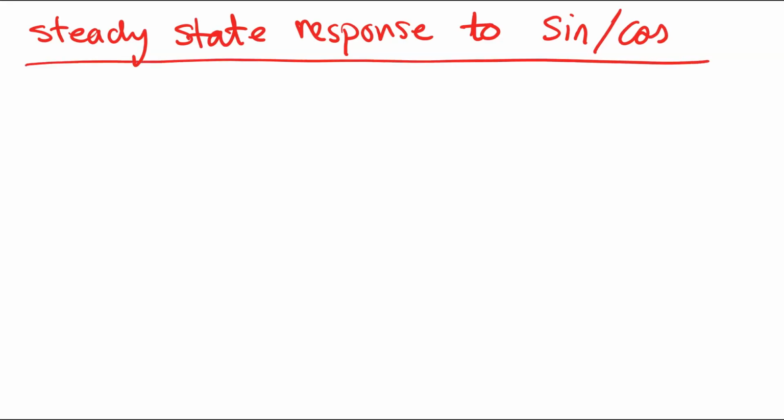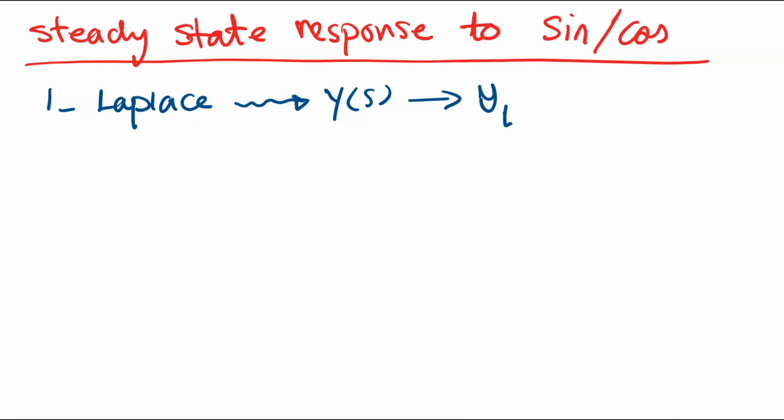The first approach was using the Laplace solution and finding y of s, consequently finding y of t, and remembering that this y of t is our total response, which is equal to the transient response plus the steady state response.